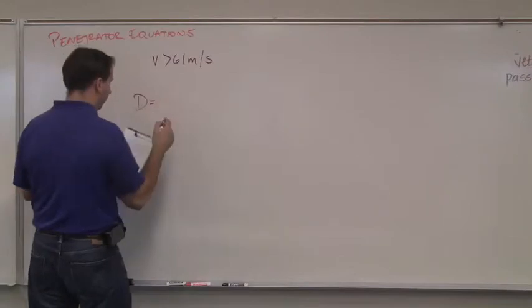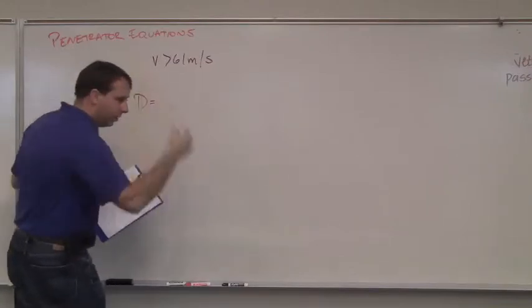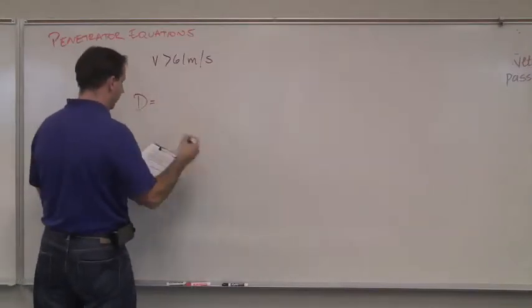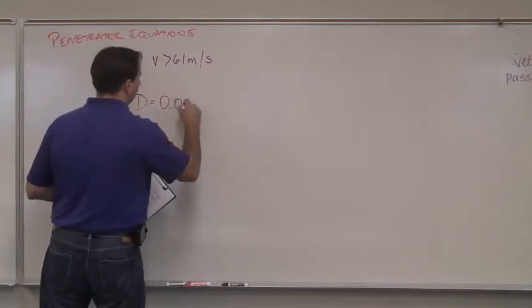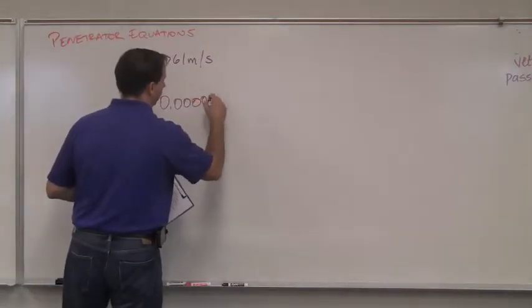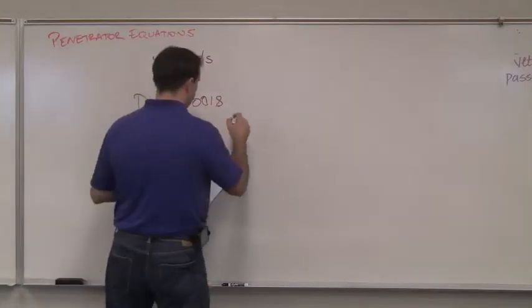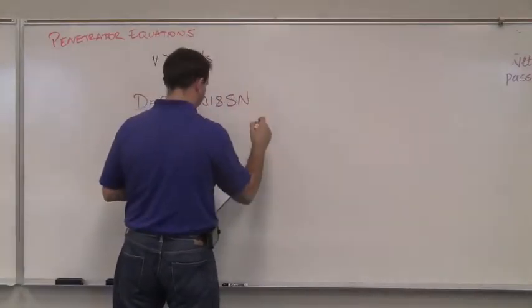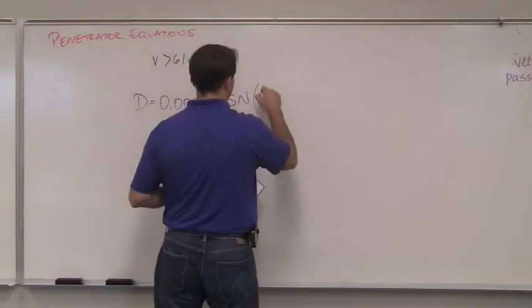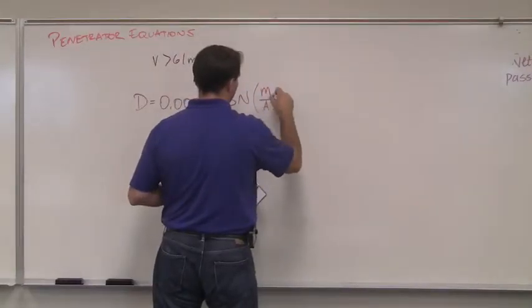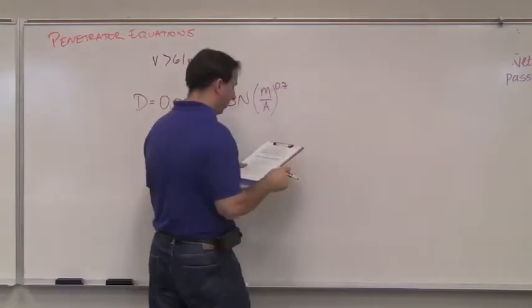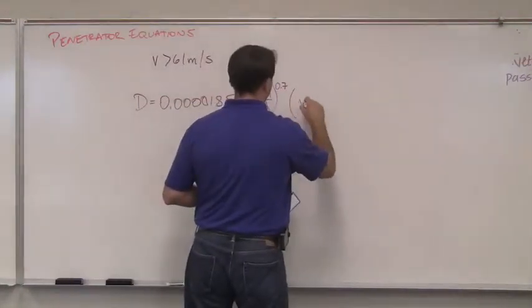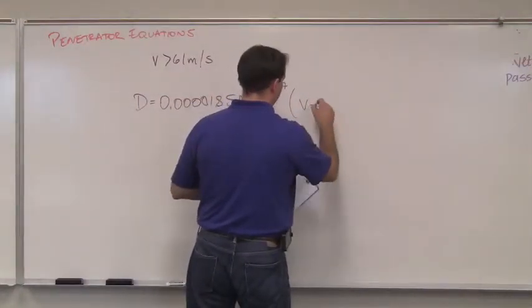D, the distance that your penetrator goes into the target, equals 0.18 times 10 to the minus 3, times S times N times the square root of M over A, times V minus 30.5.